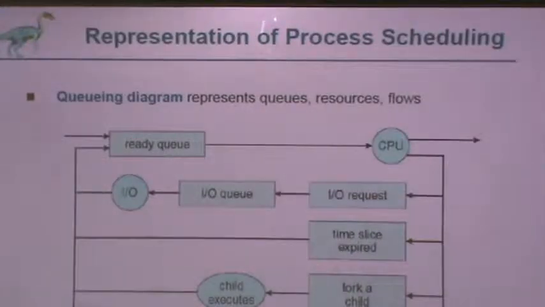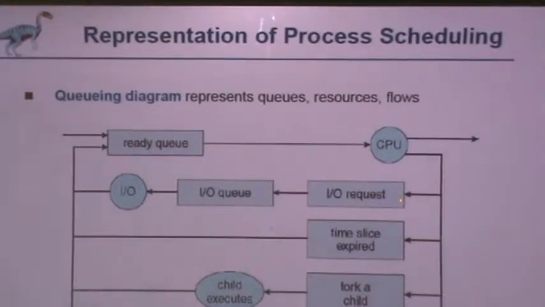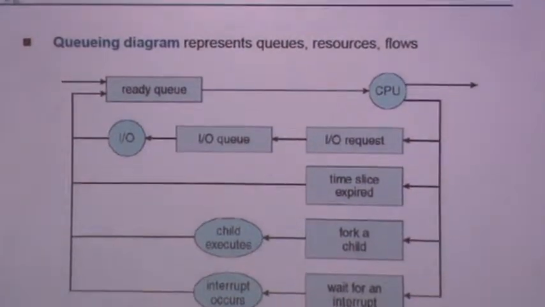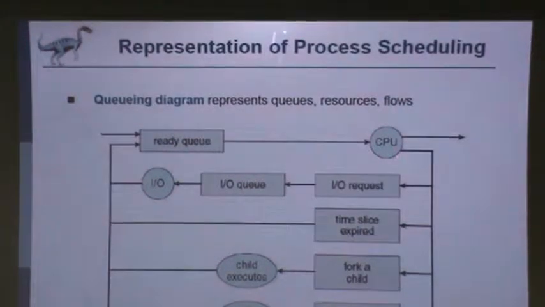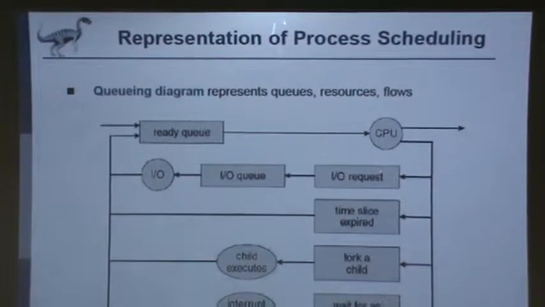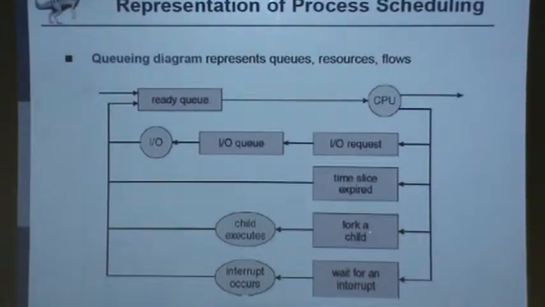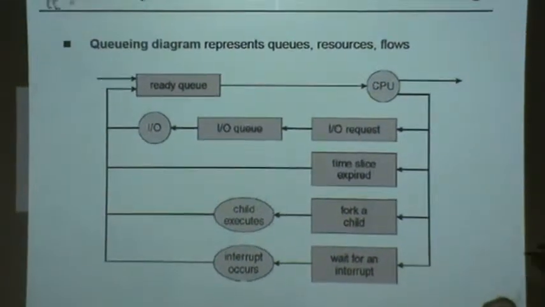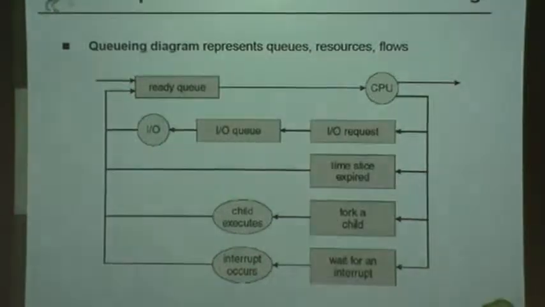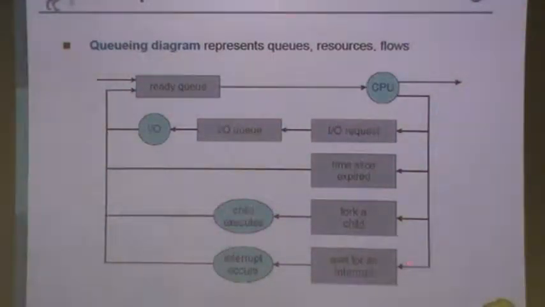You can see the different ways of moving from the running state to others: I/O request, time slice expired, and when you create a new process, it will wait. We will see details about the parent and child process and the wait process, and also terminate.